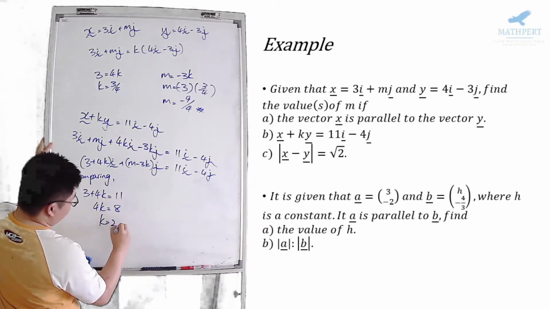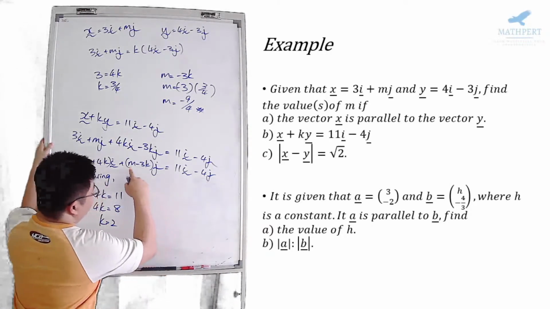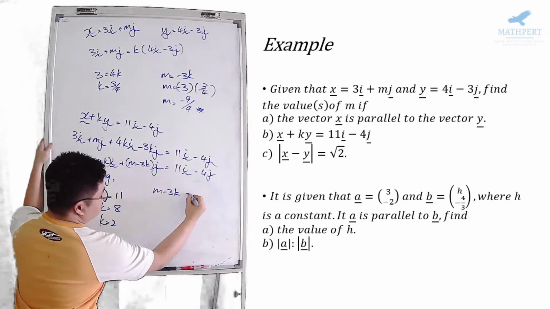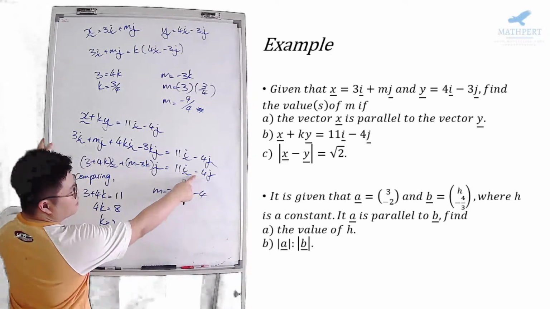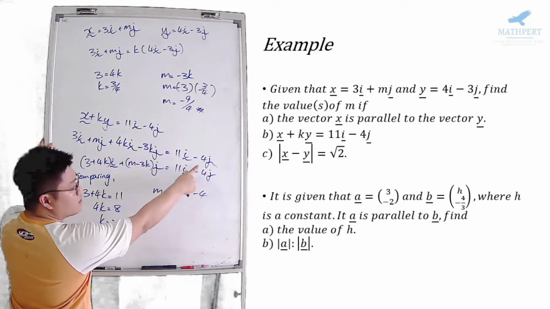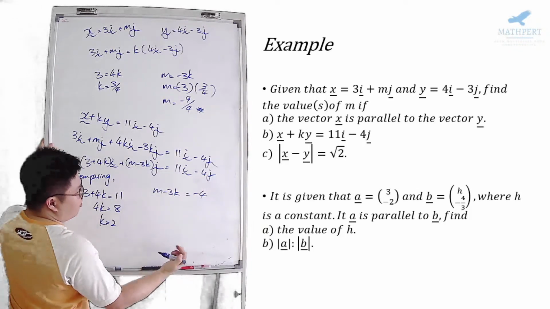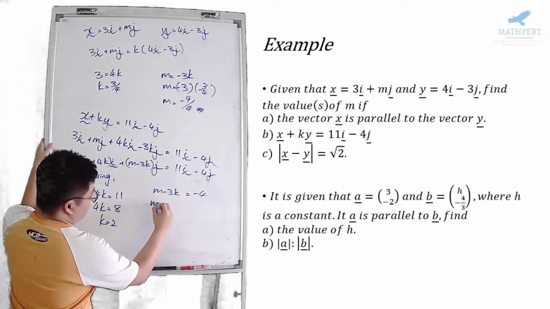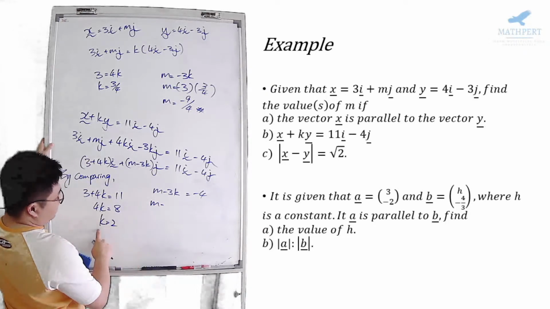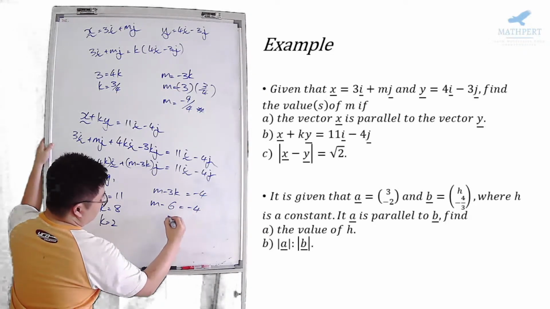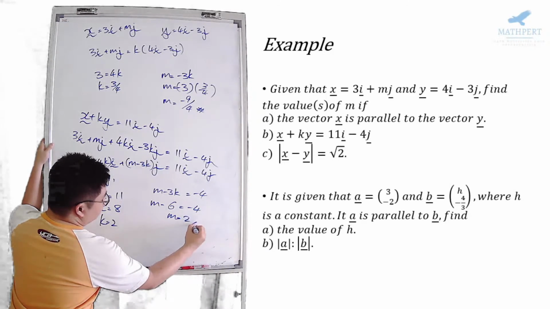K is equal to 2. And then another one will be m minus 3k, which is j and j, is equal to negative 4. Okay, remember to put your negative over here. This negative follows the 4. Stick with 4. So m is equal to, m minus 3k is 6 minus 4. M will be equal to 2.